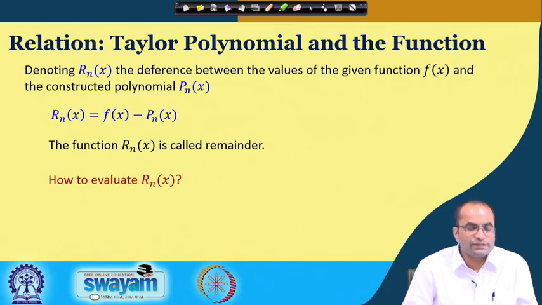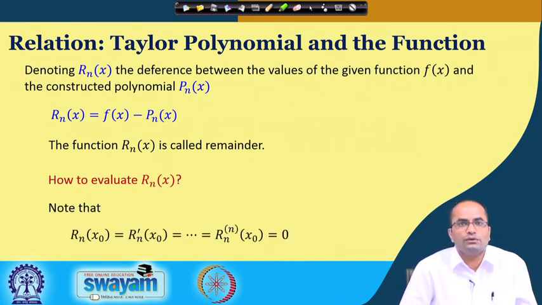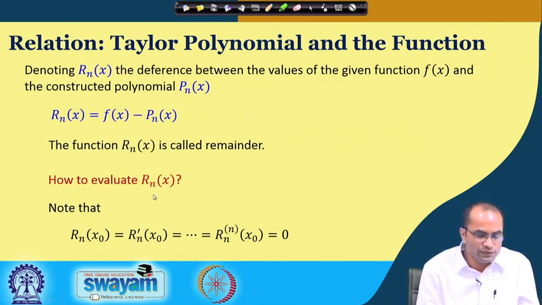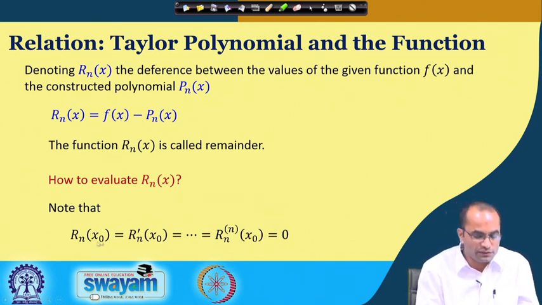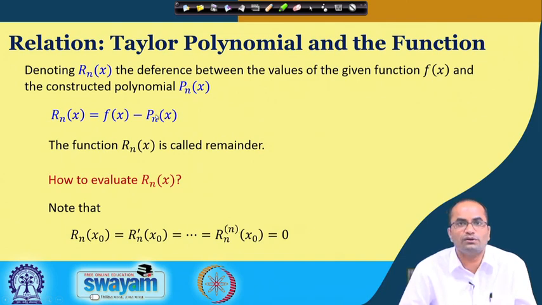Now the question is how to evaluate this R n x. To go further, we first note that R n at x 0 is f x 0 minus P n x 0, and by construction this polynomial at x 0 is equal to the function value at x 0. So, this is 0, and for the first derivative it is the same thing. The first derivative of f at x 0 is equal to the first derivative of the polynomial at x 0.